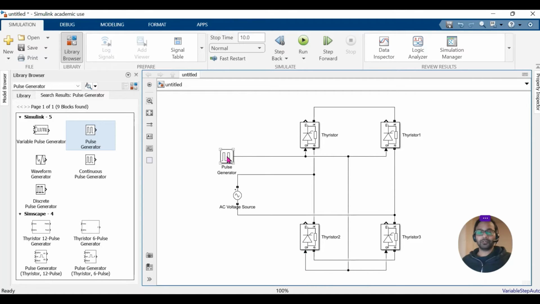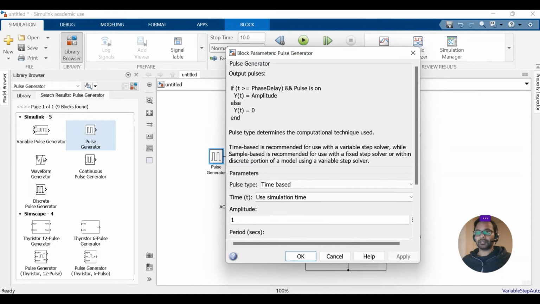Before going further, let us now set the parameters of this pulse generator.